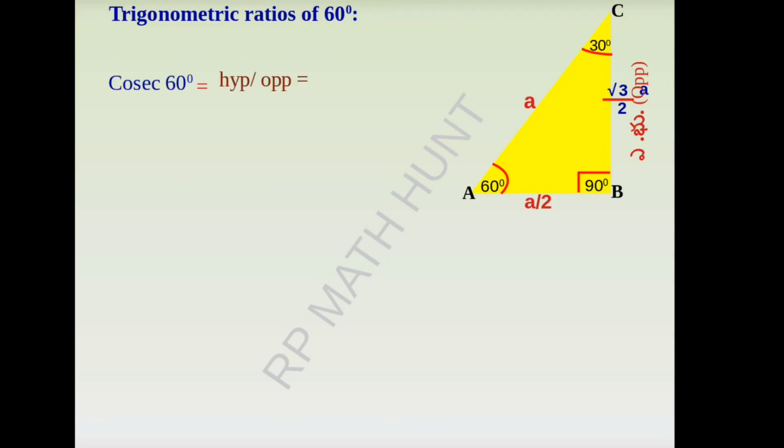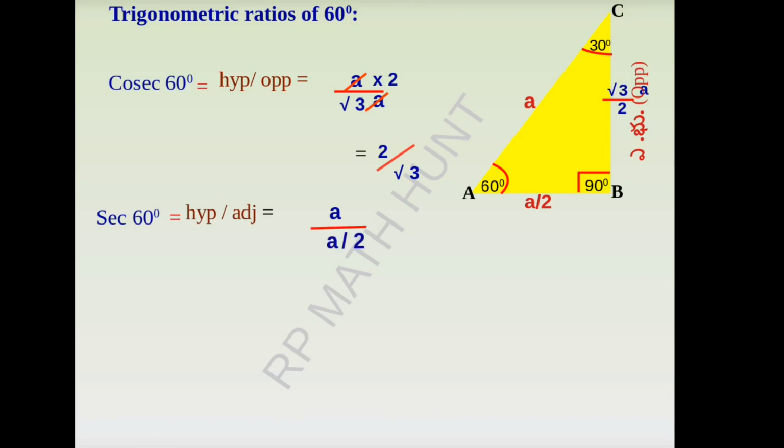Now, cosec 60: hypotenuse by opposite is equal to A into 2 by root 3A, A gets cancelled, 2 by root 3. And sec 60: hypotenuse by adjacent, A by A by 2.